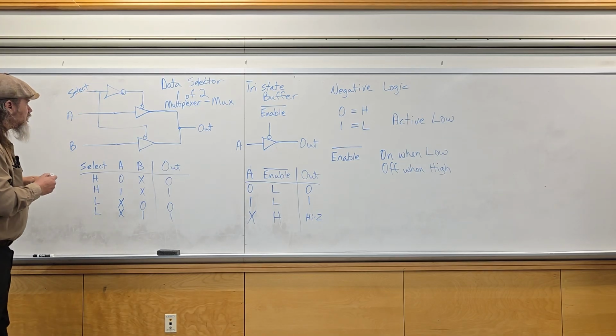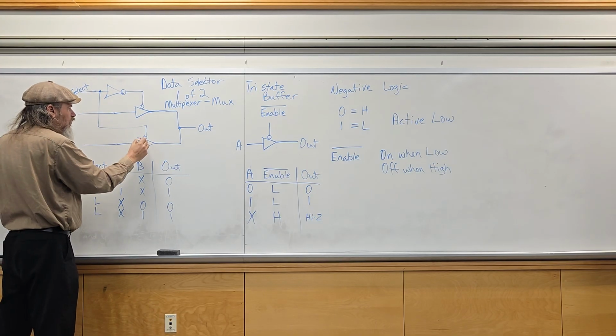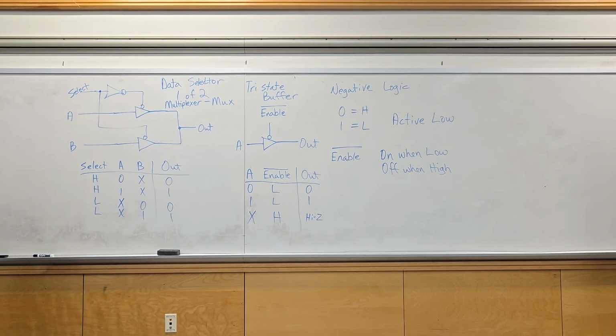Whereas for B, it just has the one inverter on the enable pin of the tri-state buffer, and so it is active when the select input is low.